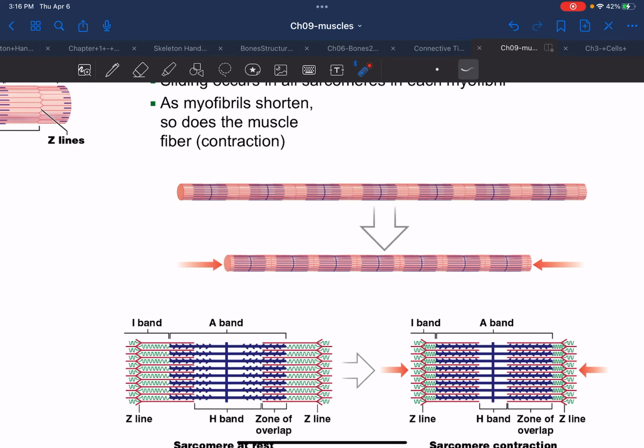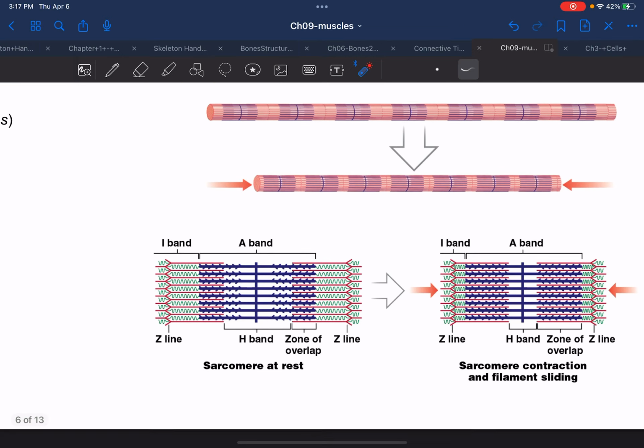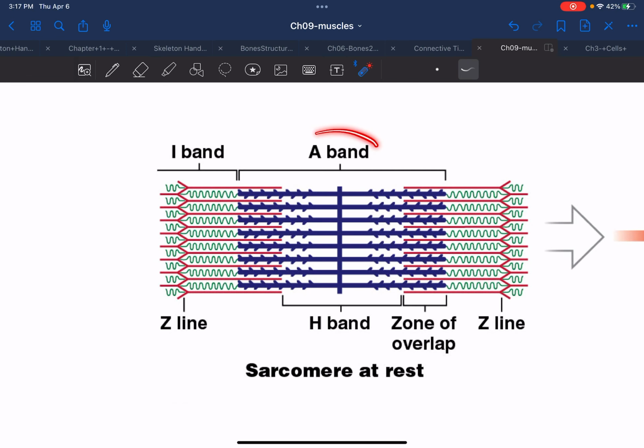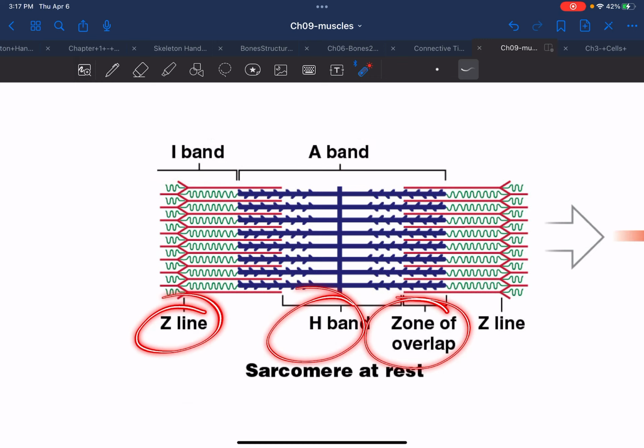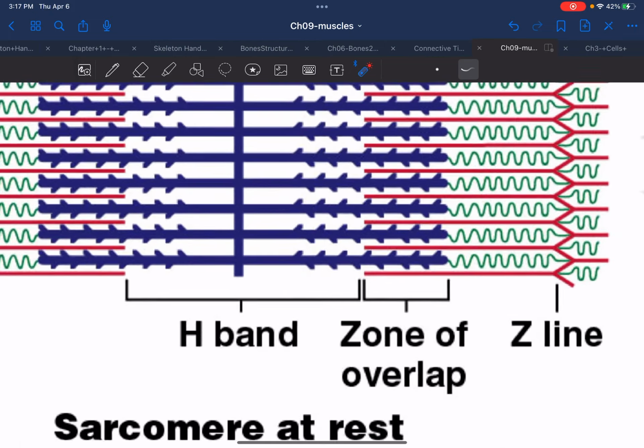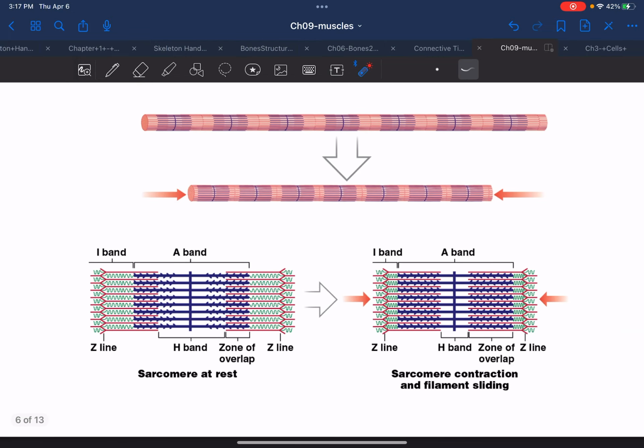And this is the sliding filament theory. And so, understanding the anatomy of a sarcomere becomes essential. You must learn A band, I band, Z line, H band, zone of overlap, and Z line. And yeah, we'll just leave it at that.